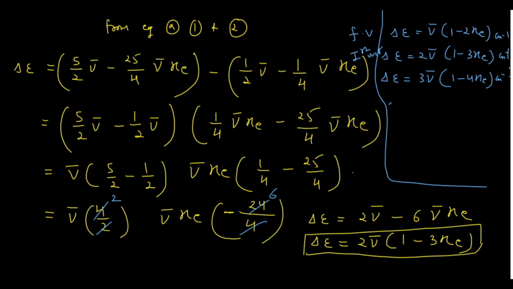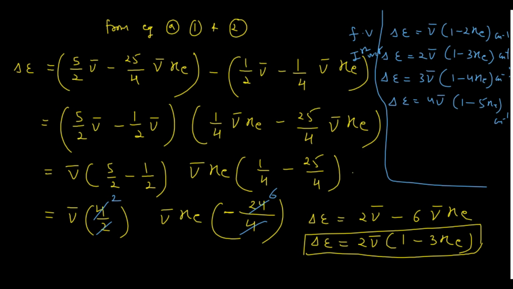Similarly, if you keep on doing for the third overtone, this will give you 4 nu bar times 1 minus 5 Xe in centimeter inverse. This is how you can keep solving the various relations. So this is something very, very important.